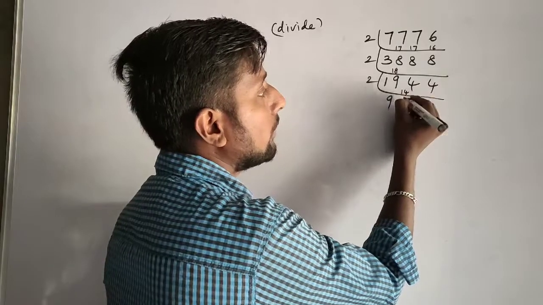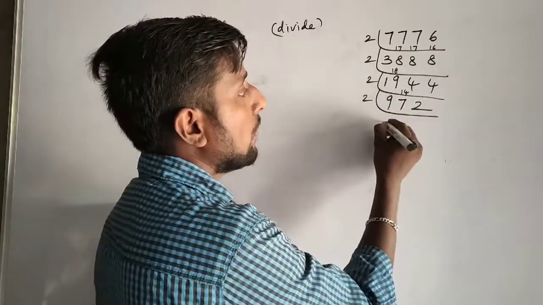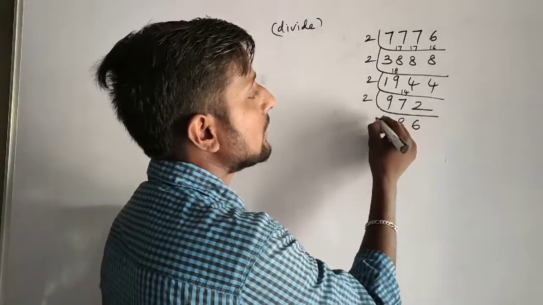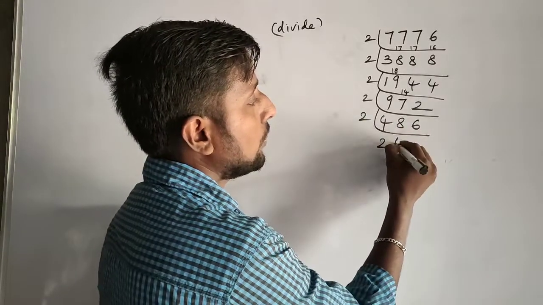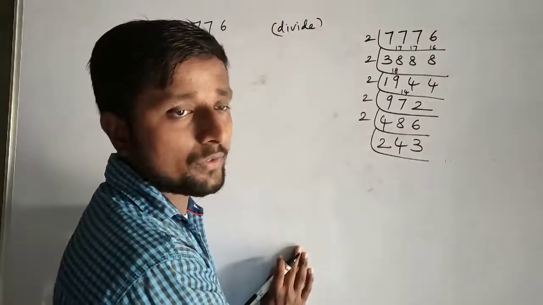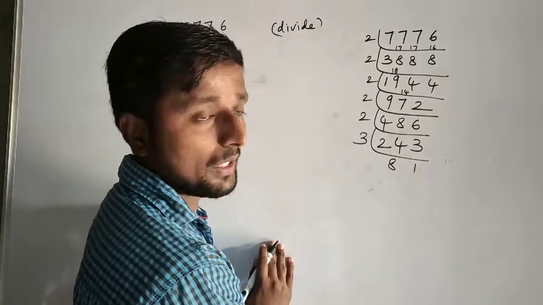Then 2 7s are 14, 2 2s are 4, 2 4s are 8, 2 8s are 16, 2 6s are 12. Same, 2 2s are 4, 2 4s are 8. Look at 243: 3 8s are 24 and 3 1s are 3. So better go with 3, 81, correct?